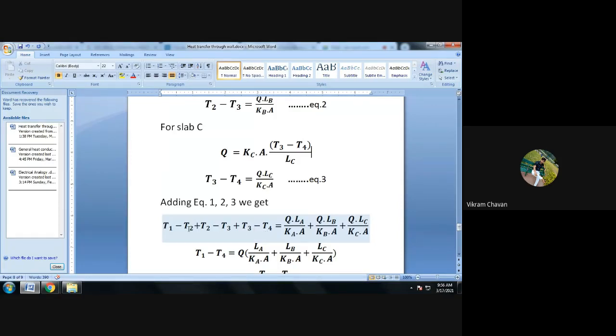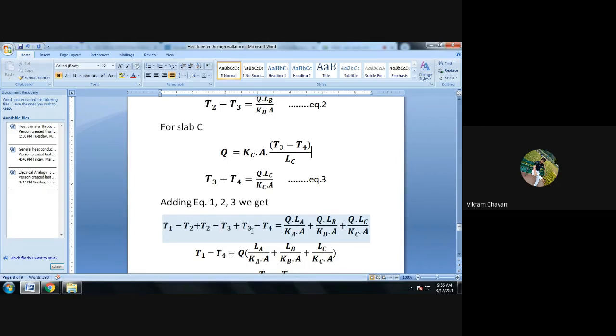We add all these three temperature differences, and this is equal to, from equation number 1, Q multiplied by L suffix A divided by K suffix A multiplied by A, plus from equation number 2, Q multiplied by L suffix B divided by K suffix B multiplied by A, plus from equation 3, Q multiplied by L suffix C divided by K suffix C multiplied by A. Now here minus T2 plus T2 will be cancelled, minus T3 plus T3 will be cancelled.